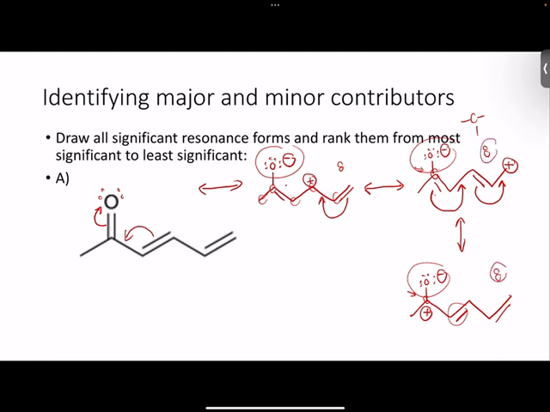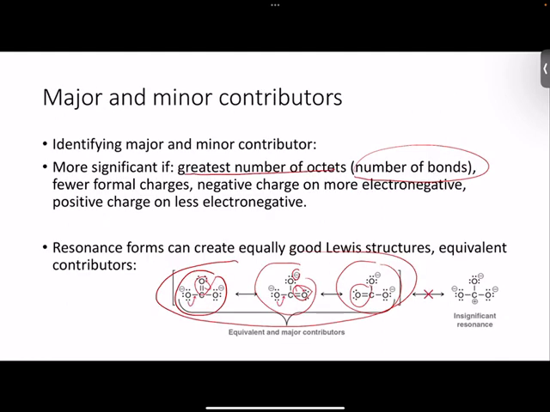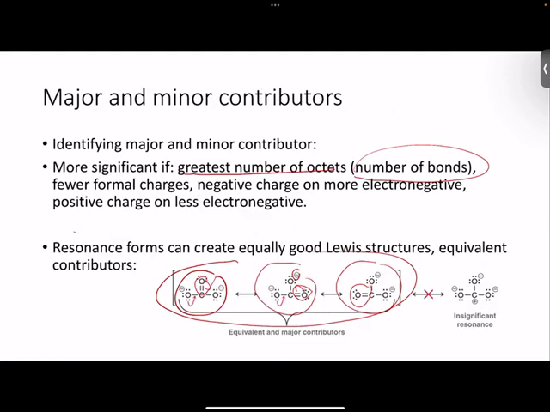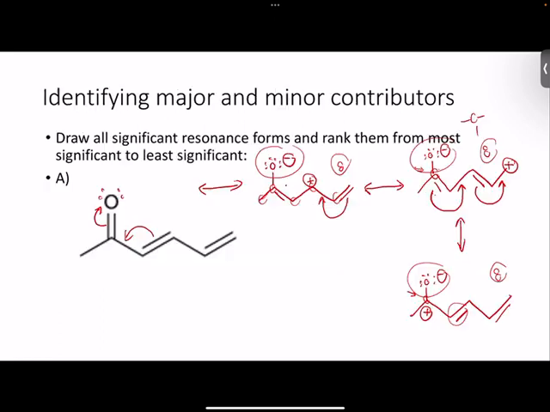So they all have the same number of bonds. They have an oxygen with a negative, and they have the positive on a carbon. And we know that resonance forms can create equally good Lewis structures. So that means that there are no major and minor contributors. They are all the same contributor.